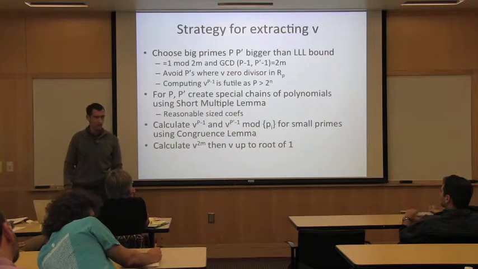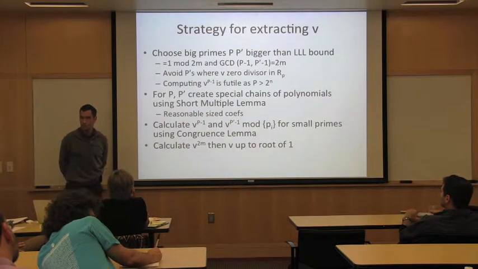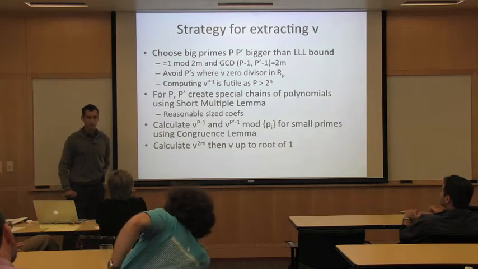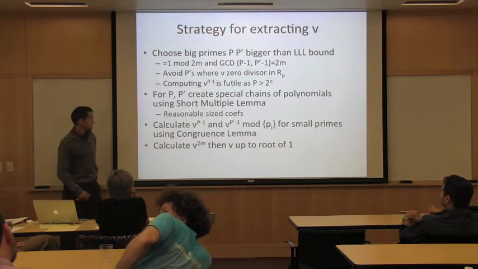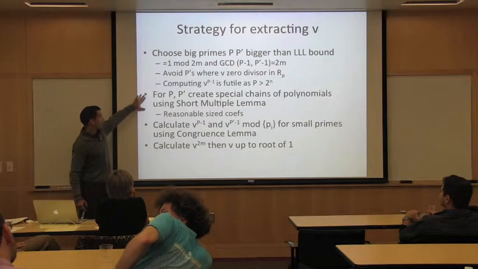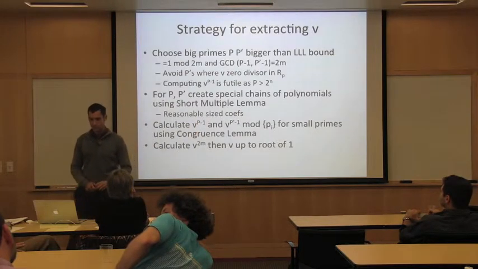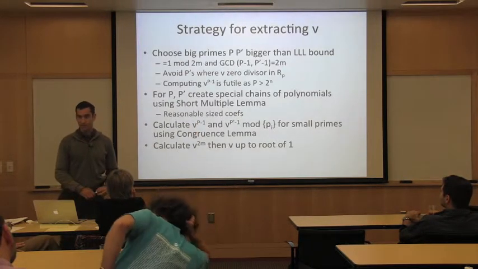Okay, any more questions on the general flow of how the theorem is going to go? The big piece that we haven't covered is how you actually write down those chains of polynomials and how you use them to calculate these quantities modulo a little prime. So then comes the technical part, where we actually have to write down these polynomial chains.